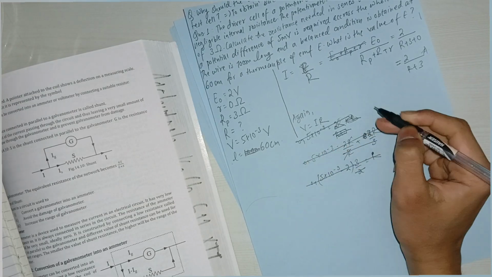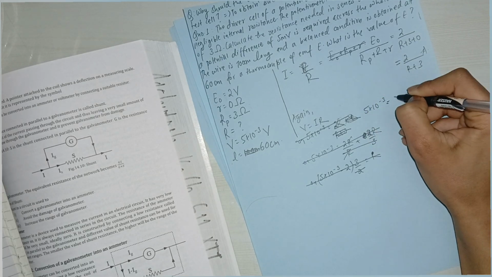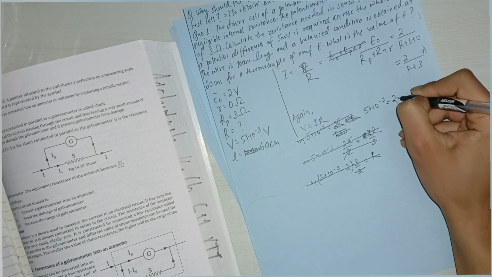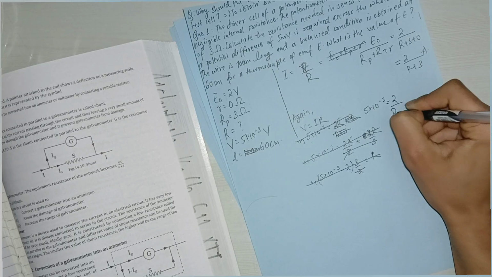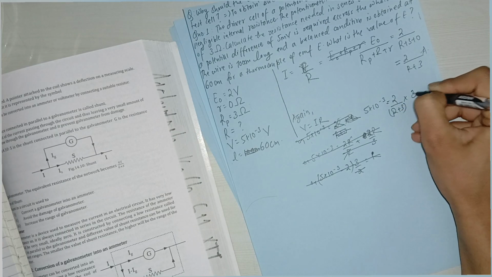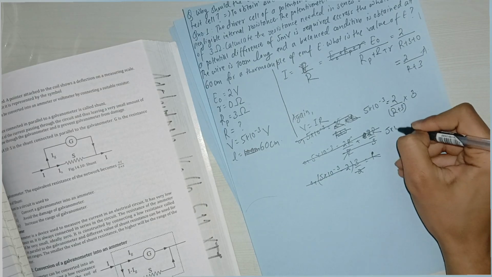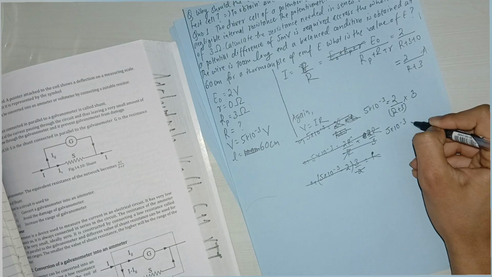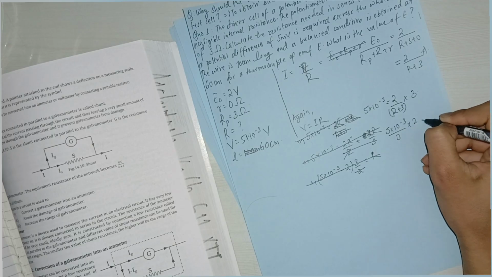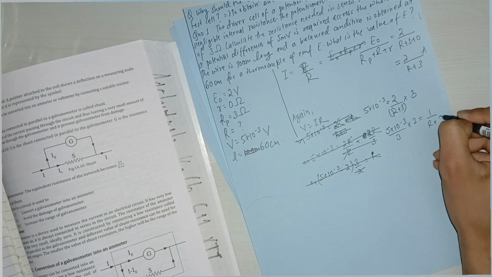The mistake here is 5 into 10 to the power minus 3 equal to 2 by R plus 3 into resistance of the potentiometer wire, which is 3. And that will make R equal to 5 into 10 to the power minus 3 divided by 3 into 2, equal to 1 by R plus 3.